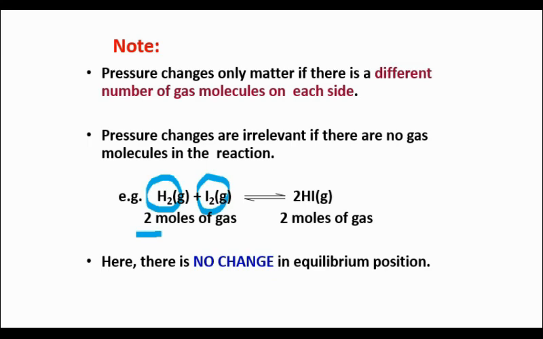We can see there is no change in the number of moles of gas between the reactants and the product. Or we can say the number of moles of gas in the reactants and in the product are the same. So changing the pressure will not change the equilibrium position of the reaction.